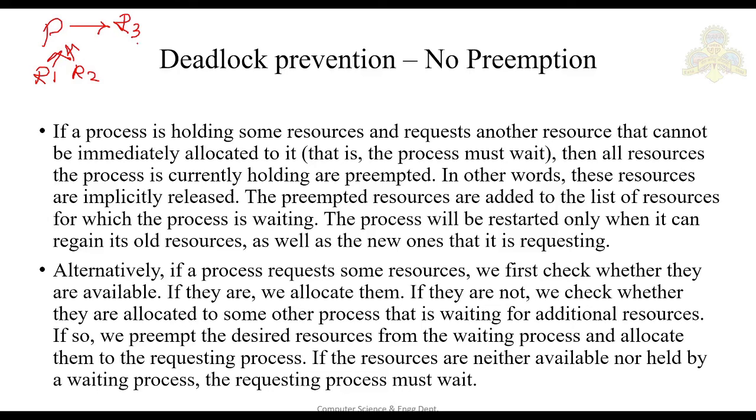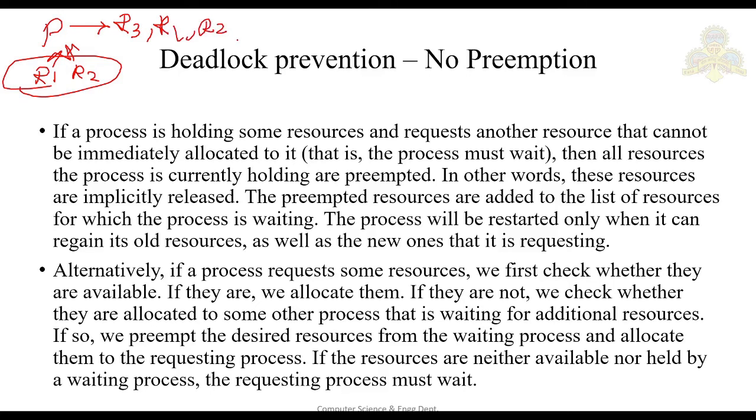Then, since the process is already holding resources R1 and R2, these two resources have to be preempted. They have to be forcefully taken back from process P and put in the list of resources for which the process is waiting. It is waiting for R3, and then again R1 and R2.